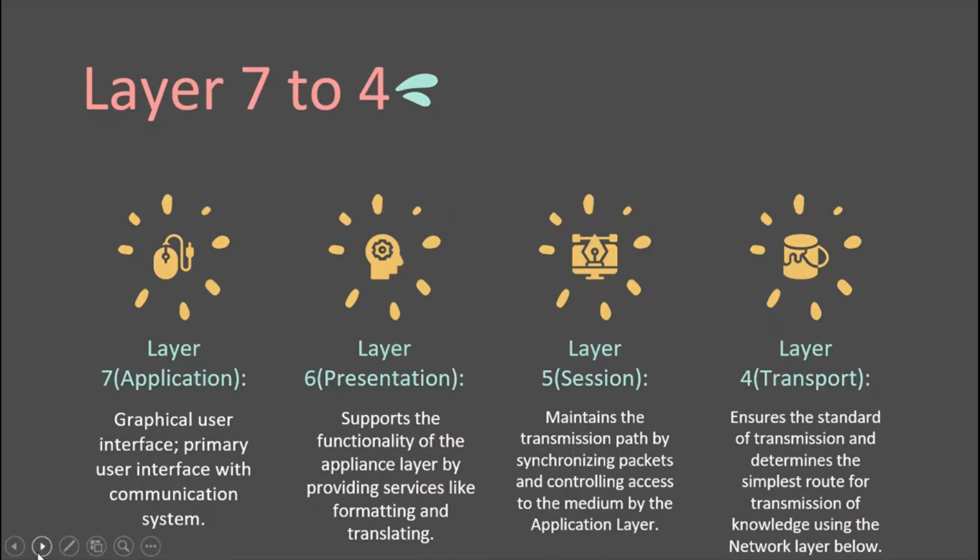Layer 5, session, maintains the transmission path by synchronizing packets and controlling access to the medium by the application layer. Layer 4, transport, ensures the standard of transmission and determines the simplest route of transmission of data using the network layer below.